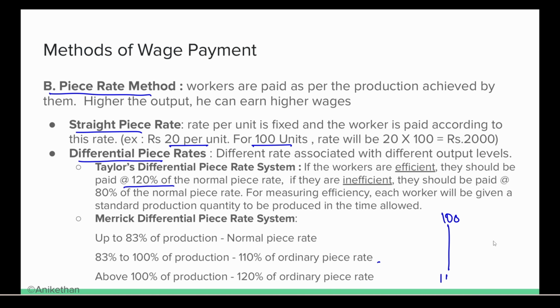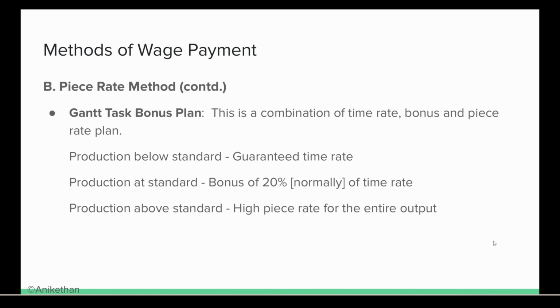That means he'll be paid 11 rupees. If he is above 100% production, let's say he produces 110 pieces per hour, then he will be paid at 120% of the ordinary piece rate, which is 12 rupees. If anything less than this, say 90 pieces per hour, he will be paid at the normal piece rate, which is 10 rupees.